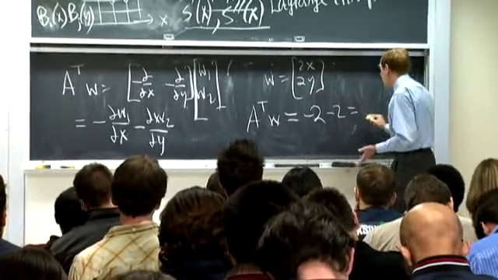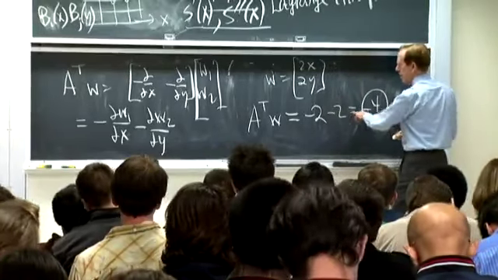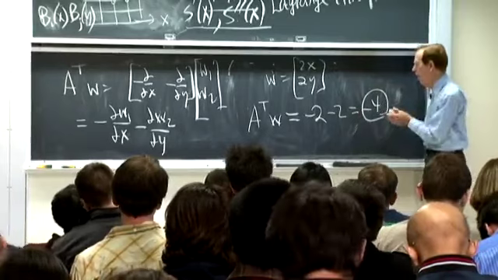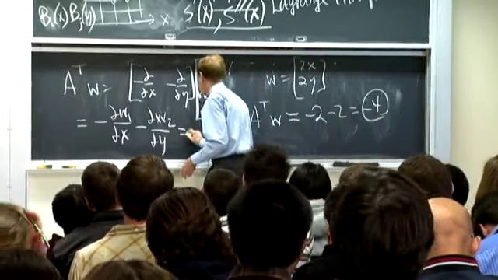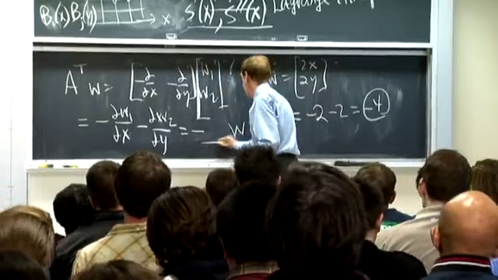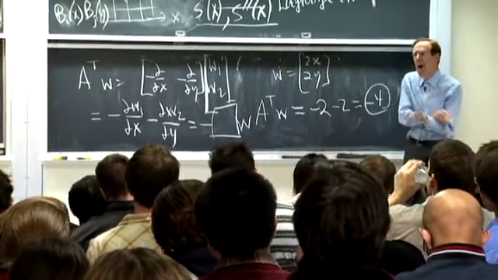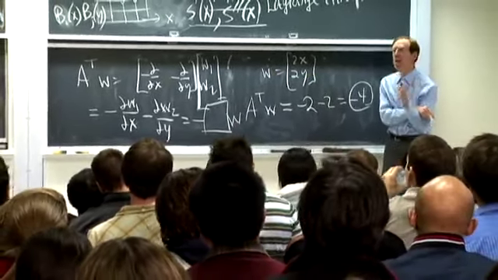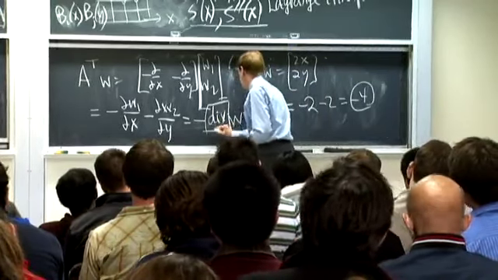I chose such a simple function that it came out to be a number. And what's the name everybody uses for that operation? The divergence. It's minus the divergence of W.